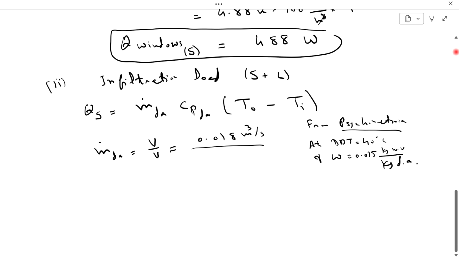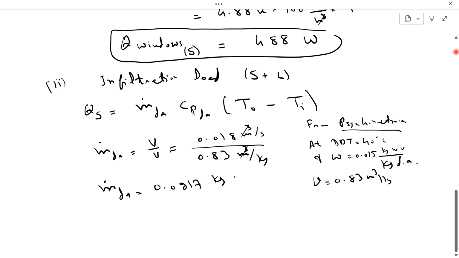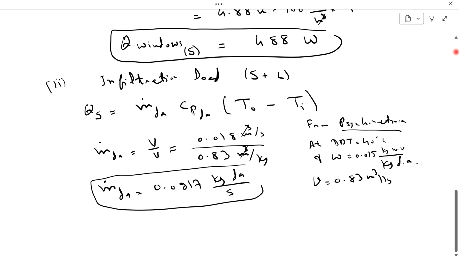So at these values find specific volume, which is equal to 0.83 meter cube per kg. Put this value here, 0.83 meter cube per kg. So this meter cube will be cancelled with this meter cube, and mass flow rate will be equal to 0.018 divided by 0.83, which is 0.0217 kilogram of dry air per second.